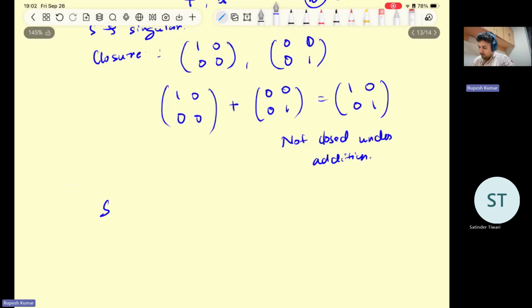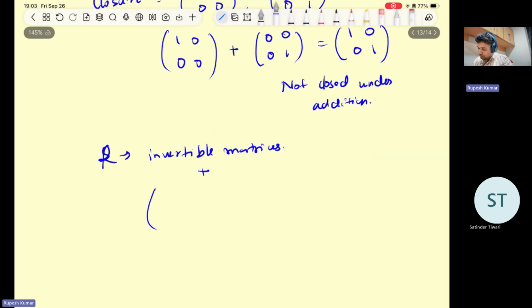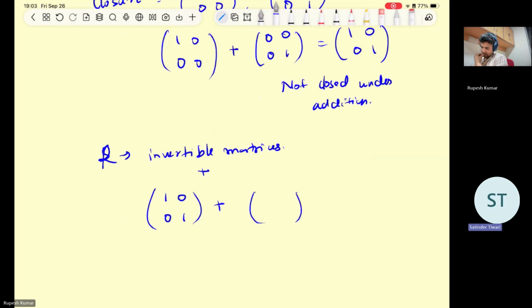Now again, R is all invertible matrices, right? Let's check the closure property over addition again. Let's choose the matrix 1 0 0 1, and then take the matrix 0 -1 0 -1... sorry, these two are invertible, right?